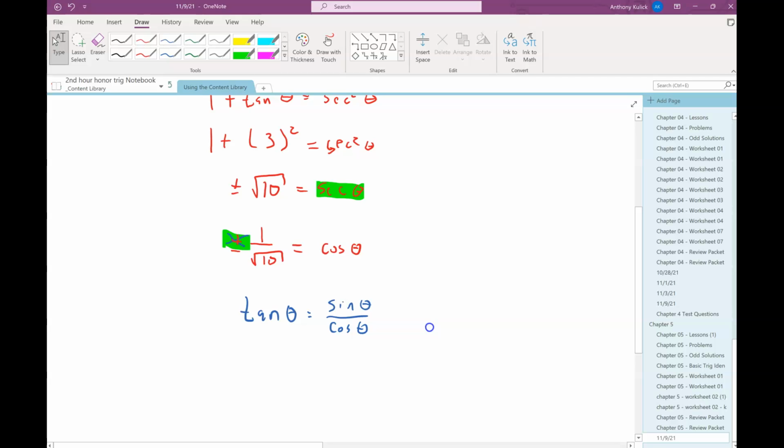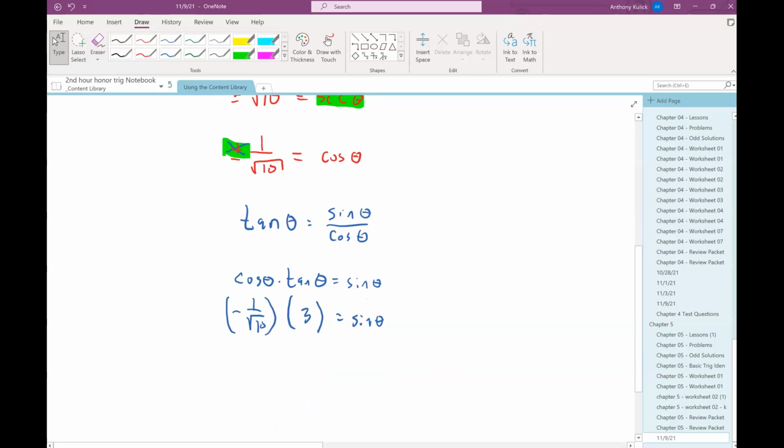If I multiply both sides by cosine and then plug that in, I know cosine is negative 1 over the square root of 10, and tangent is 3.